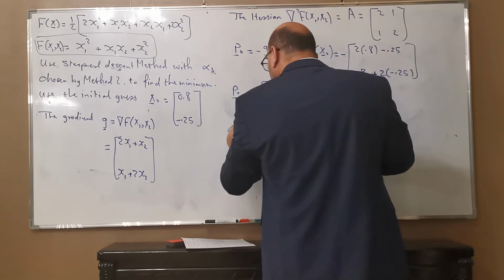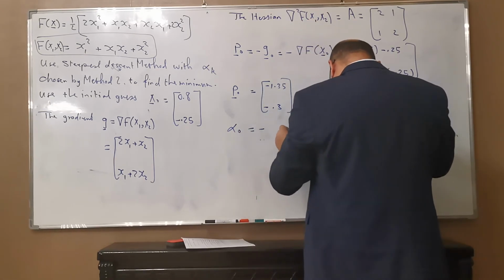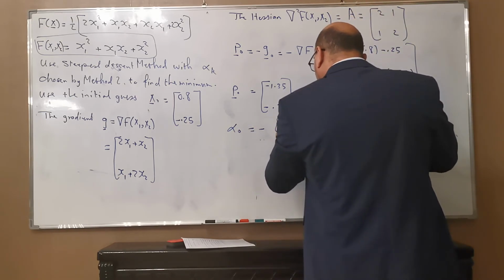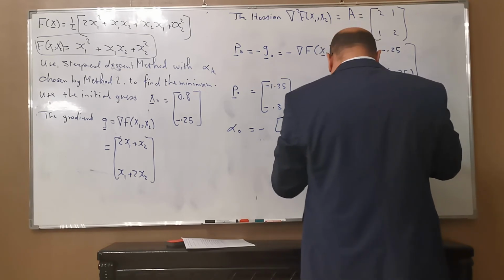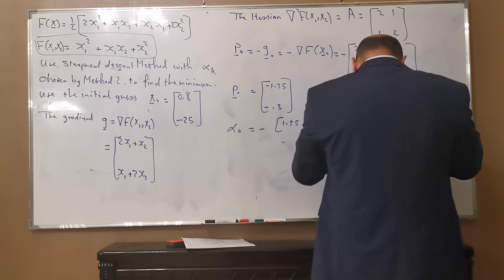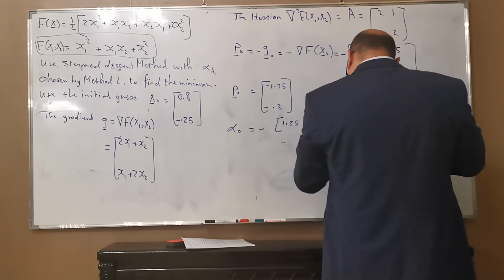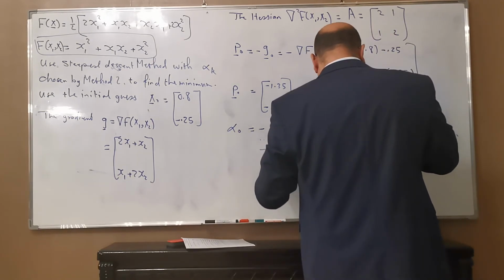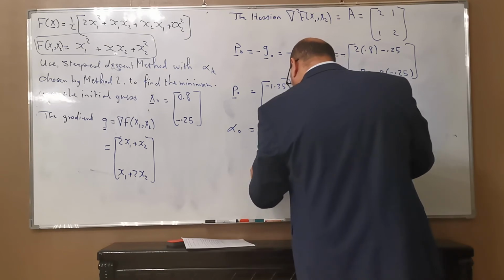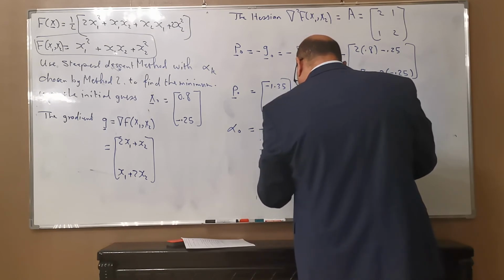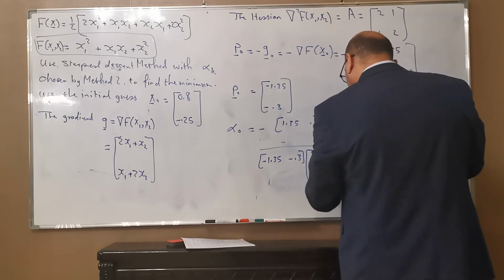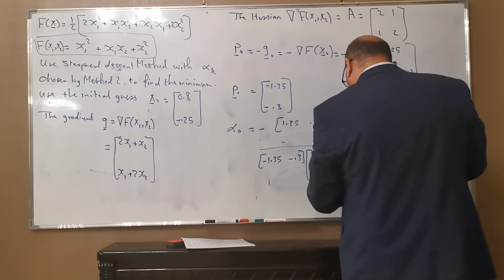So alpha 0 is equal to minus 1.35, 0.3 times minus 1.35, minus 0.3 divided by minus 1.35, minus 0.3 times 2, 1, 1, 2 times minus 1.35, 0.3.